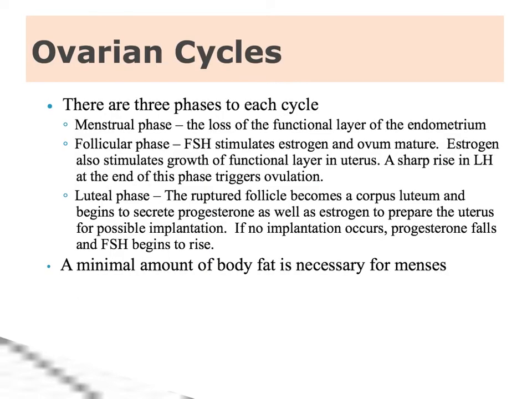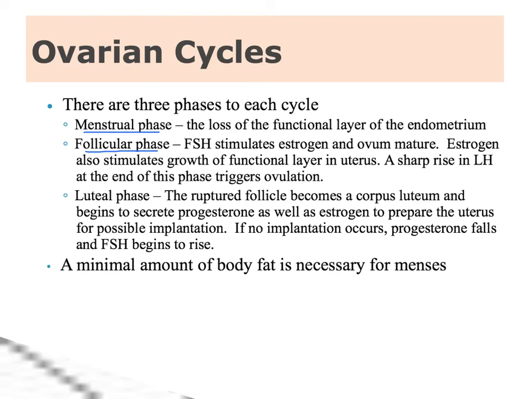There are 3 phases to each cycle. The menstrual phase, when the actual bleeding is occurring, is easy to identify, so even though it's kind of at the end of the process, it often gets counted as the beginning. The follicle phase is when the follicle stimulating hormone, which is high, is causing a stimulation of high levels of estrogen, and that in turn stimulates the ovum to mature.